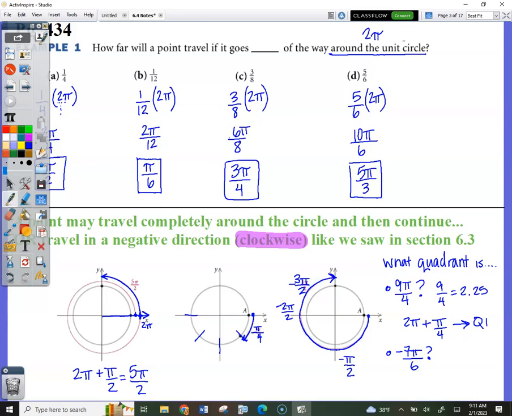One method, go to your calculator. Negative 7 over 6 in your calculator ends up being what ugly decimal? Negative 1.1666, with the 6 repeating. Okay, so in the calculator, negative 7 over 6 ends up being negative 1.16 repeating.